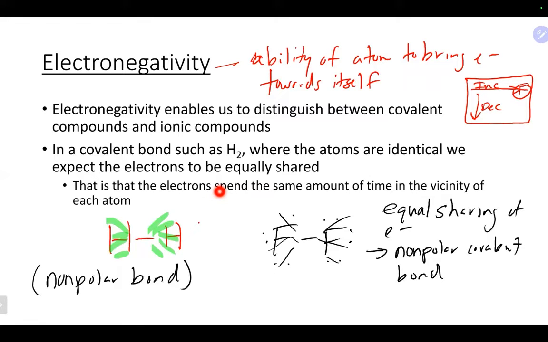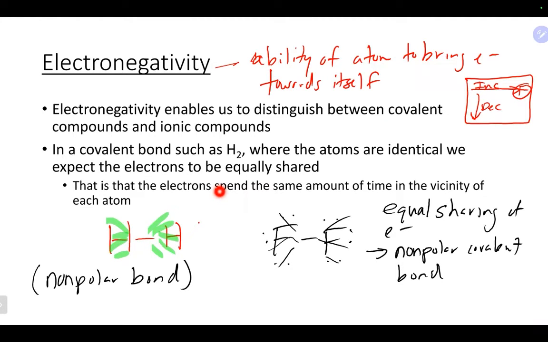It is a covalent bond, with nice equal sharing of electrons. The result is that there is no positive side to that bond and no negative side. Everything is distributed equally. It's kind of like a neutral bond.